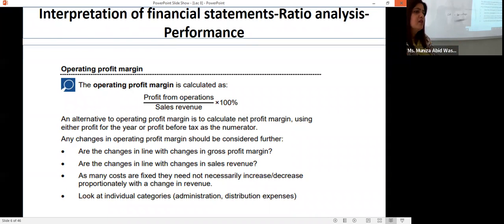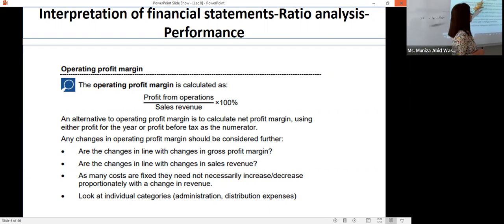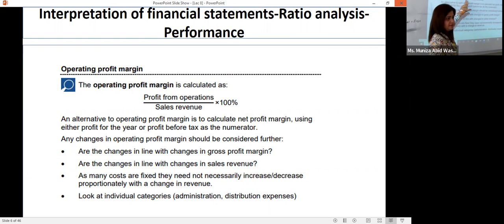If the organization's operating profit is increasing over the passage of time, its operating profit margin will also increase. Moreover, the operating profit has to increase in a higher proportion than the increase in the sales revenue. Only then is its operating profit margin going to increase over the passage of time.